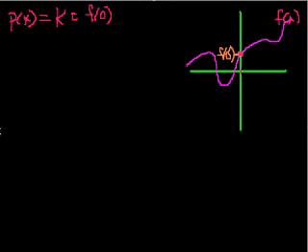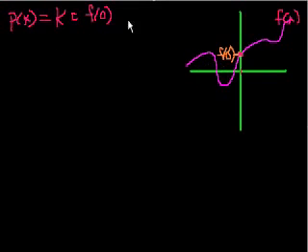And in that case, p of x would just look like a horizontal line going through f of 0. It would just look like that. I'm going to erase that now just so I don't dirty up this picture too much. But that's, you could say, a very rough approximation of f of x. So let me undo that. So that's a start. Well, what would be one way to approximate it even more?